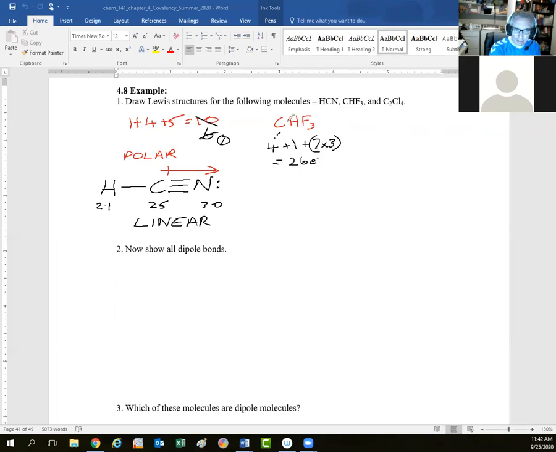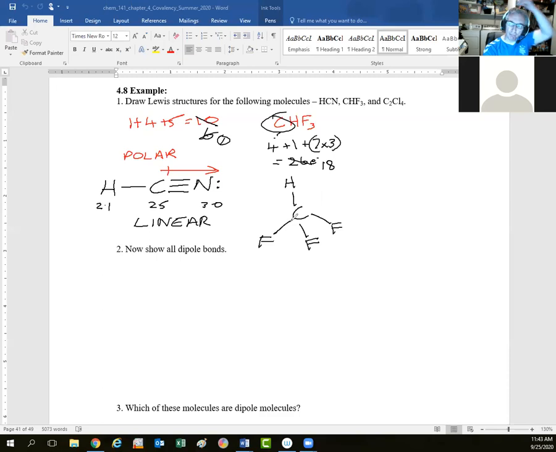Looking for the central atom, carbon needs 4 more to make an octet. Hydrogen needs 1 more to make a duet. Each fluorine needs 1 more to make its octet. So we expect carbon to make the most chemical bonds. That'll be our central atom, and we'll connect it to the 4 remaining atoms. We've used 2, 4, 6, 8 electrons so far, taking us down to 18.